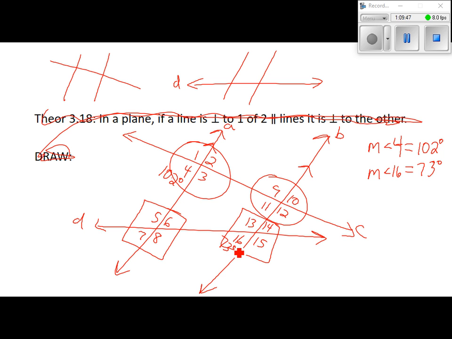So now let's just look at that. If we just look at the top, tell me angle you know, so we can write them all in. 16. Just the top. 4. So 2 is 102. So write that down. What else? 10 is 102. Everybody agree with that? 11 is 102.